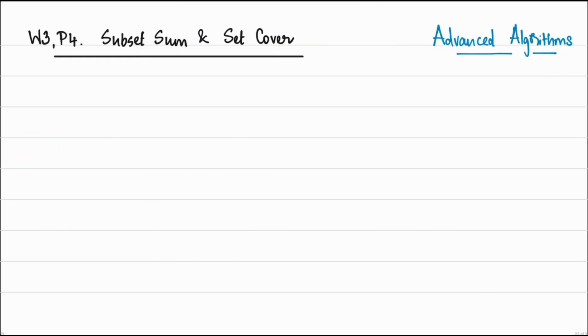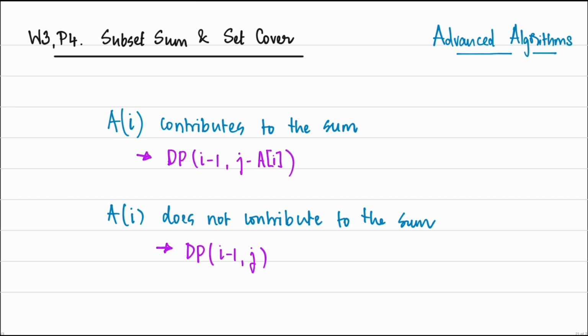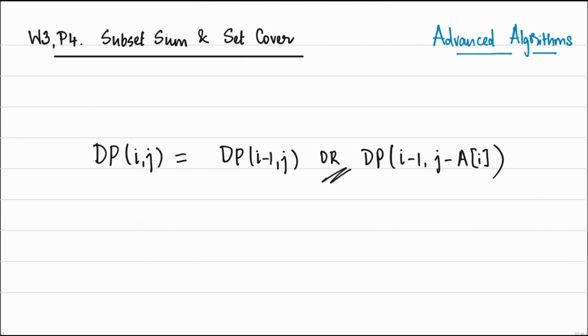So our final recurrence is going to basically look like this. dp of i, j is dp of i minus 1, j, or dp of i minus 1, j minus a of i. That's just combining these two entries with a Boolean OR.